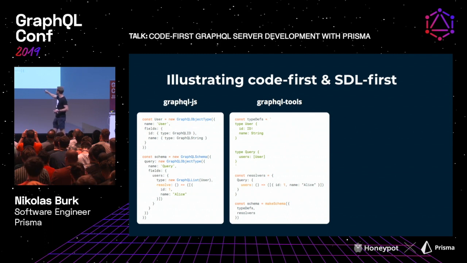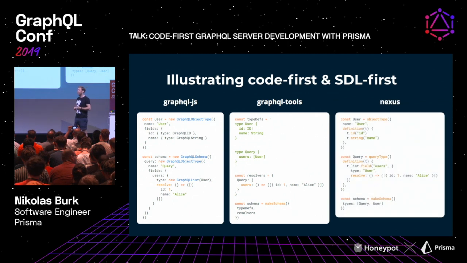By passing it into the makeSchema function, which we get from the library, we create a new GraphQL schema instance that adheres to that schema. And then we have GraphQL Nexus, which Tim introduced yesterday, where we have a slightly different API than GraphQL.js, but it's just another code-first API to create a GraphQL schema instance.